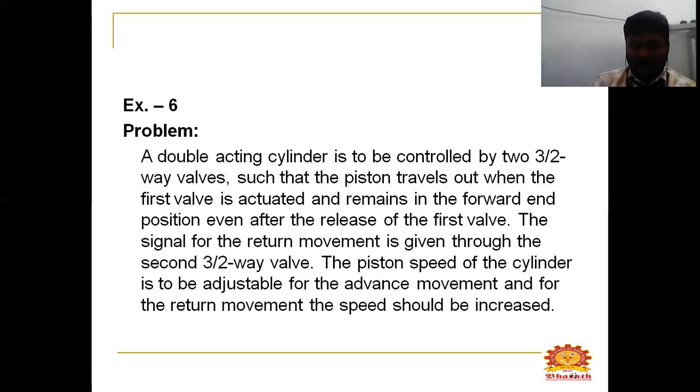The first valve should be actuated and maintain the forward motion even after releasing of the first valve. The signal for the return motion is given through the second 3x2 valve.